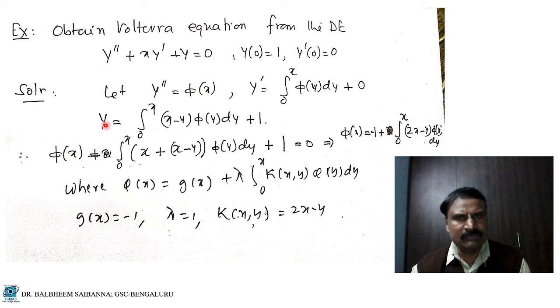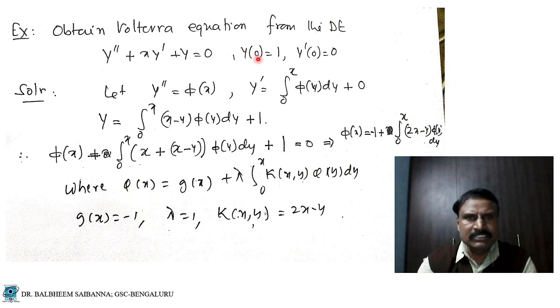Integration of y dash is y, integral 0 to x, phi of y dy square, plus c1 x. c1 is there, then c1 is 0, integral 0 to x, x minus y, phi of y dy, because dy square is there, plus 1. How will we get this 1? Use this condition, the c2 value actually.